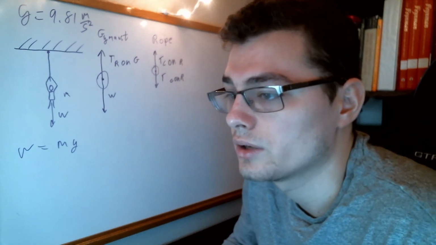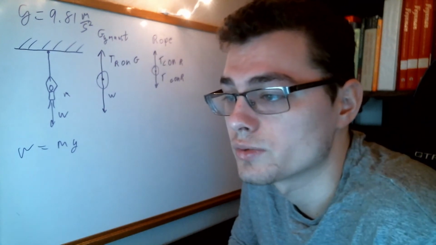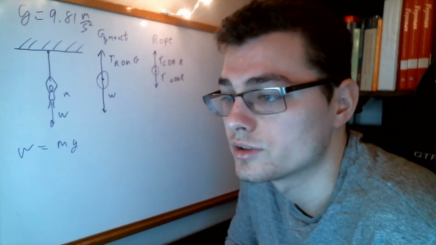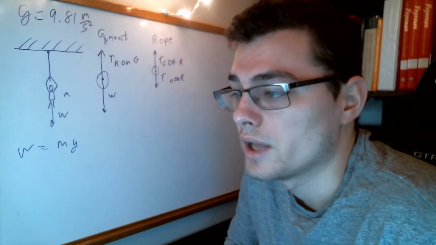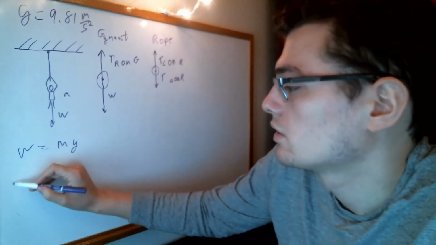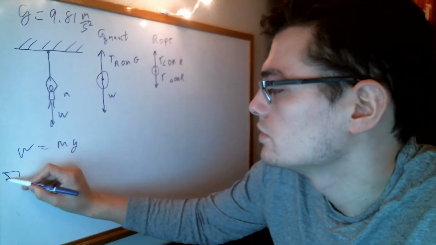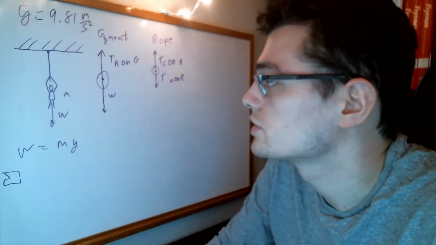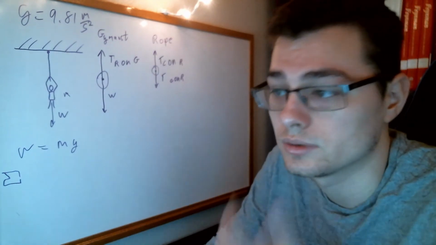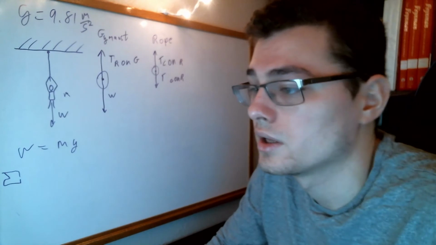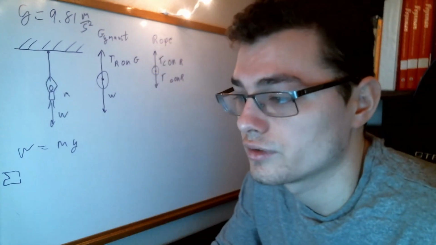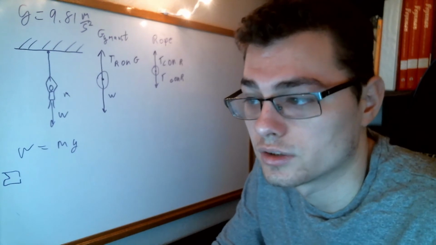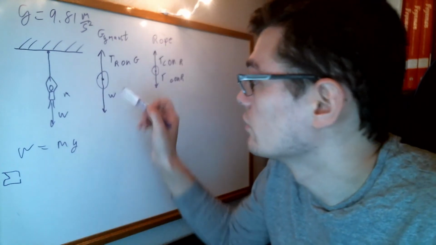And so now the next thing we have to find is what is the force, magnitude, and direction does the rope exert on her. And so we can use Newton's first law. And since the gymnast isn't falling, we know that the tension, or TR on G, is just going to be the negative of her weight.